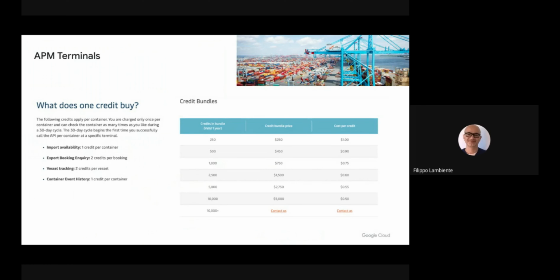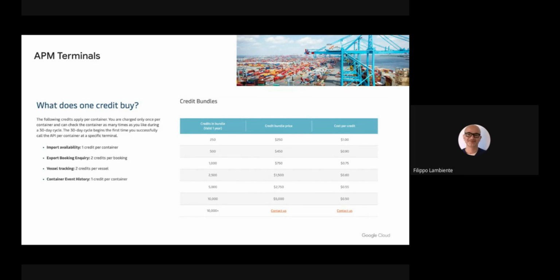And for each type of operation, they have attached a particular payment. In this case, it's called a credit: based on the operation, the customer gets charged 1 credit, 2 credits, and so on, in order to provide visibility of the life cycle of the container.